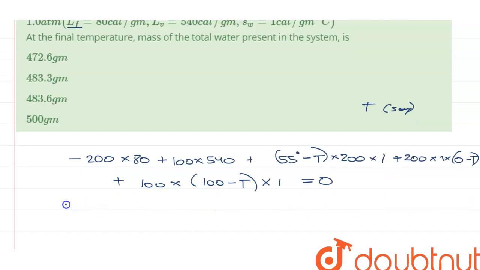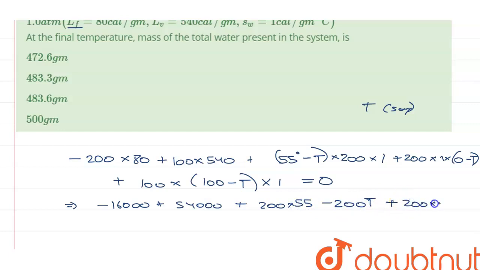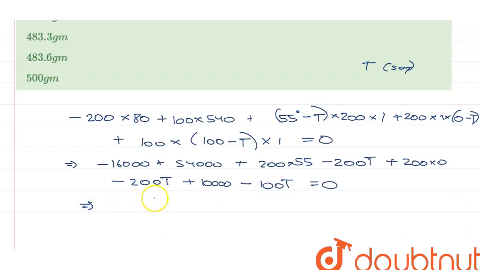Let's solve for capital T. So minus 16,000 plus 54,000 plus 200 into 55 minus 200 capital T plus 200 into 0 minus 200 times capital T plus 100 times 100 minus 100 times capital T is equal to 0. So let's bring all the terms with capital T to the left hand side.